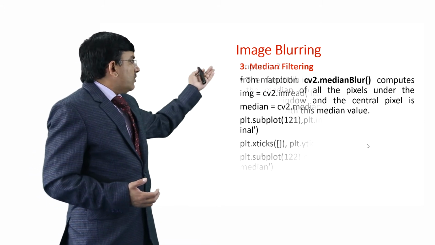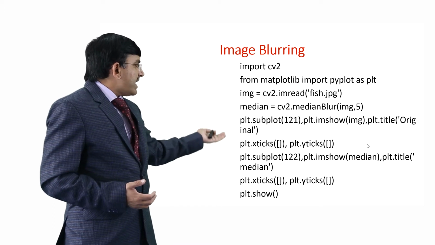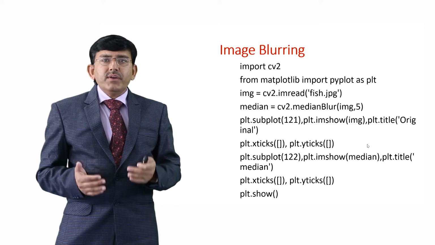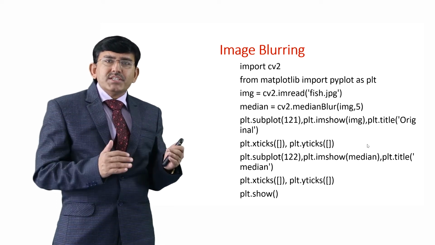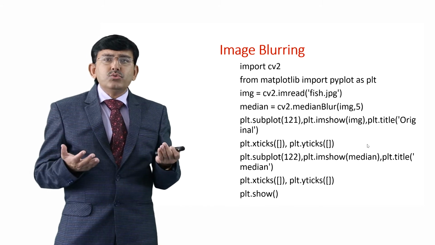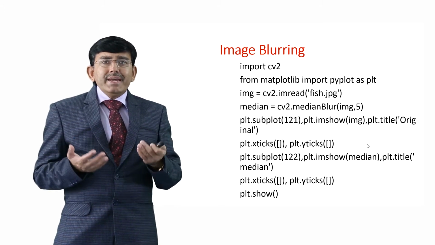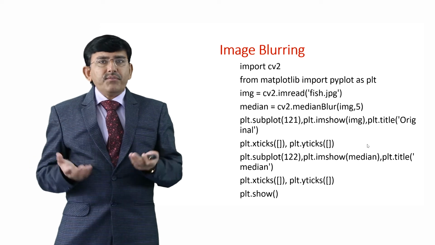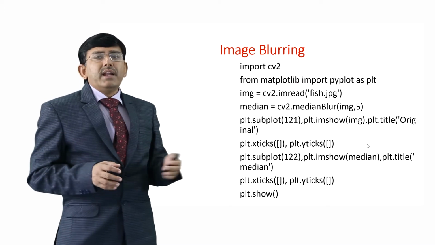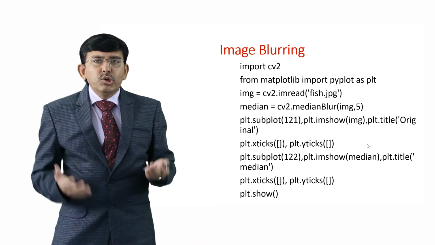Now let us see the group of functions and statements needed to perform median filtering, in which we begin with image read, then form a median kernel with cv2.medianBlur of size 5 by 5. So it will form a kernel named median, which will further be used for convolution.